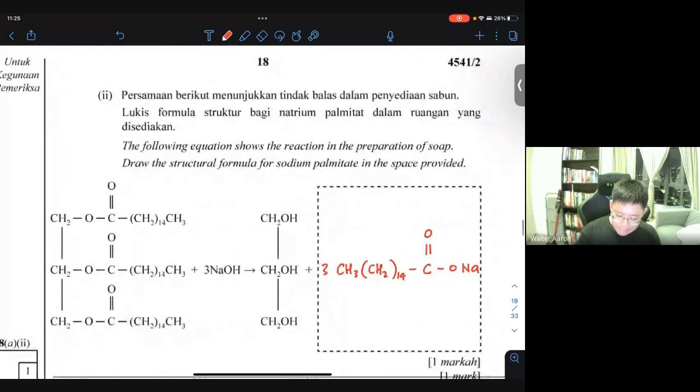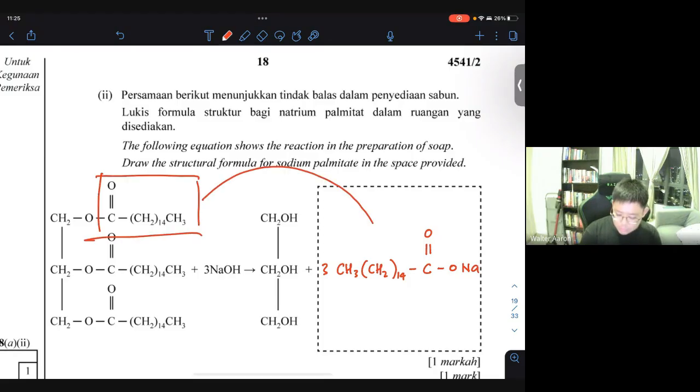Then they ask you to draw the structural formula of the sodium palmitate soap, given that the structure of the fatty acid is already located over here. So all you have to do is just transfer the structure to this part over here. But make sure you have 3 of them because there are 3 in total.